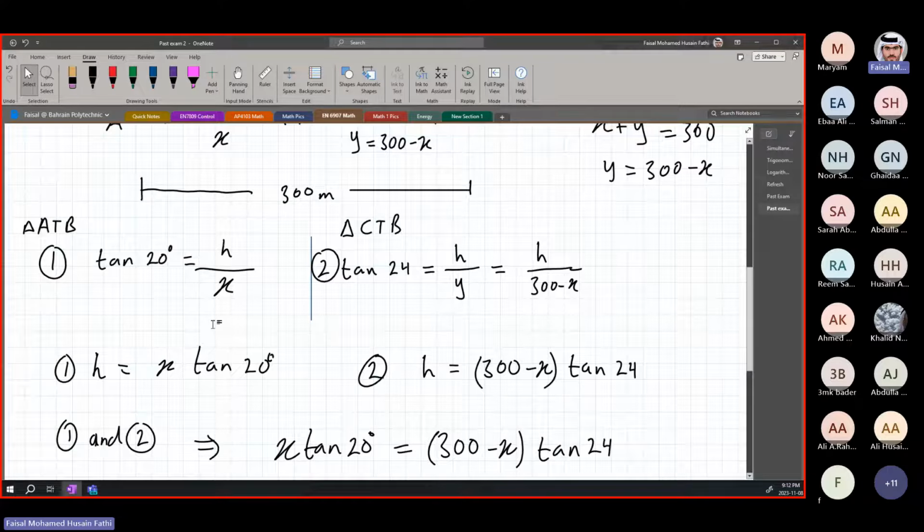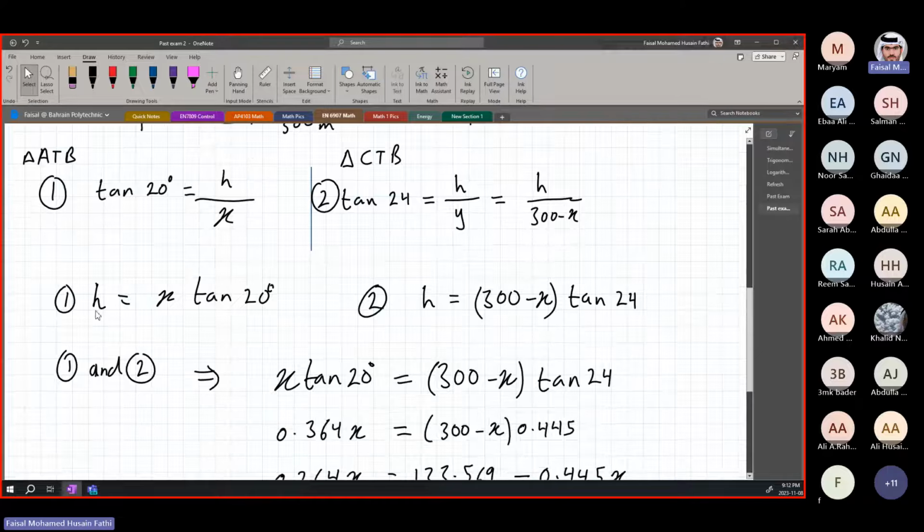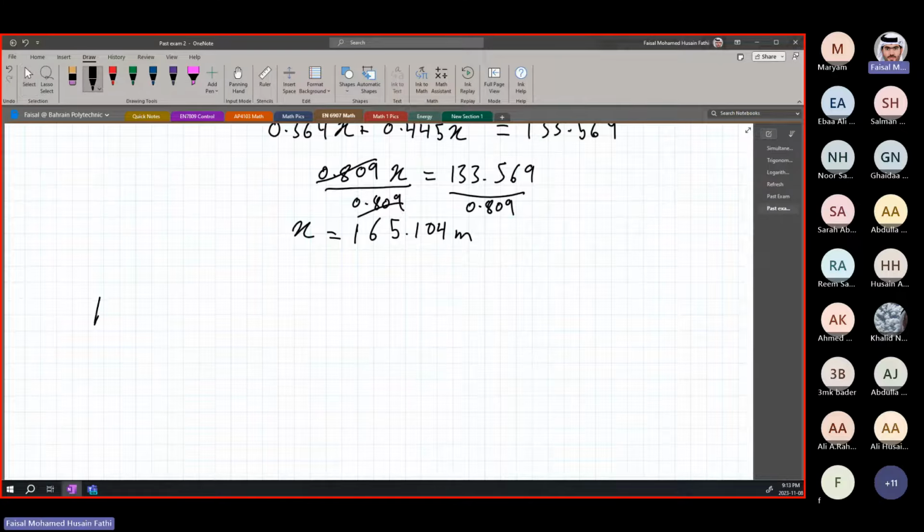Equation 1 is simpler because we only have h over x. So h we know is equal to x tan 20. In other words, h is equal to equation 1 again, which is 165.104 times tan 20.